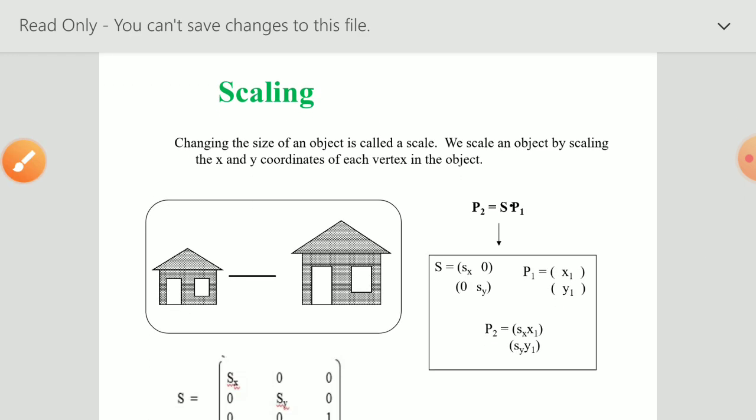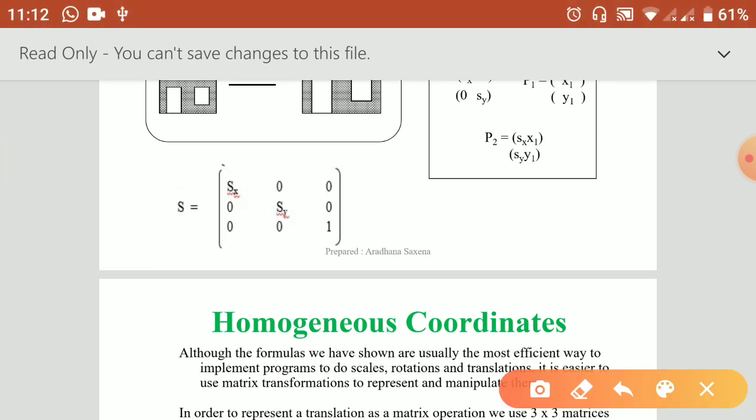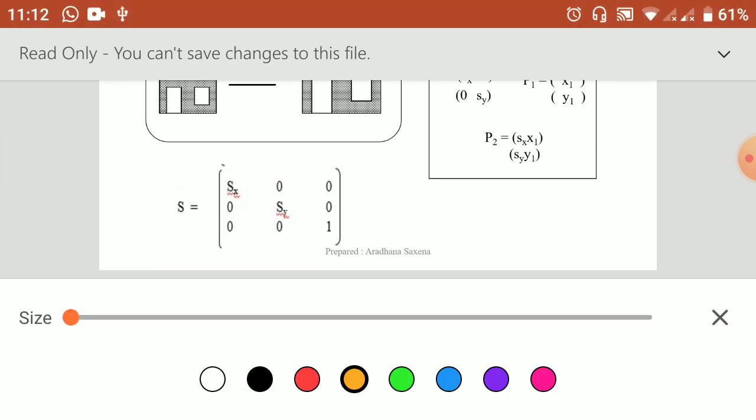Then scaling, we have already seen the scaling matrix before. Whatever scaling in x direction and y direction is given in the numerical, we will put here. If the object is scaled in the x direction only, not in the y direction, then we will put the del y value as 1.